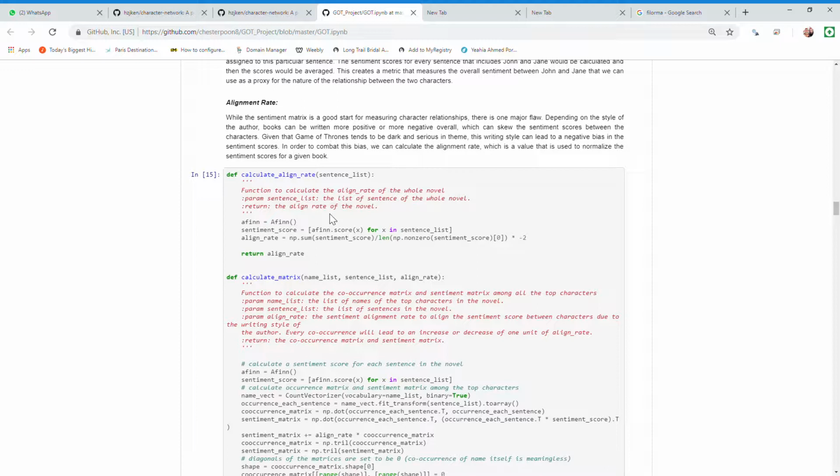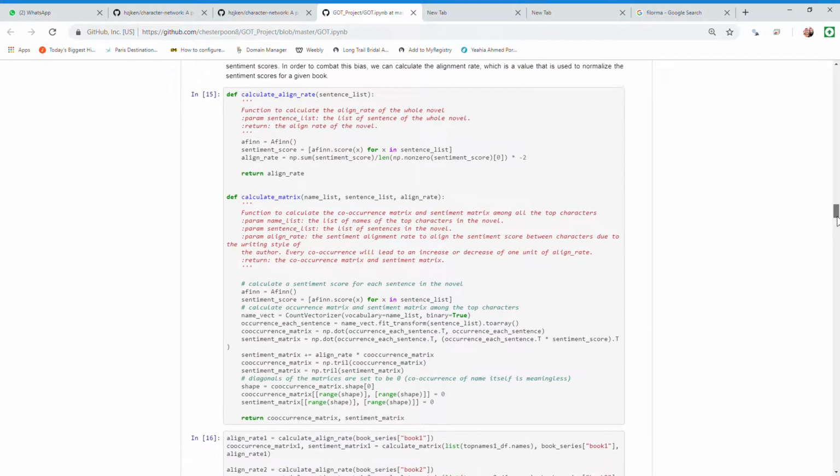We don't want to just assume every relationship is negative, because that could just be the author's tone causing that. To get that normalization, I think the alignment rate is built by multiplying by a -2 in the denominator when this numerical value is created.